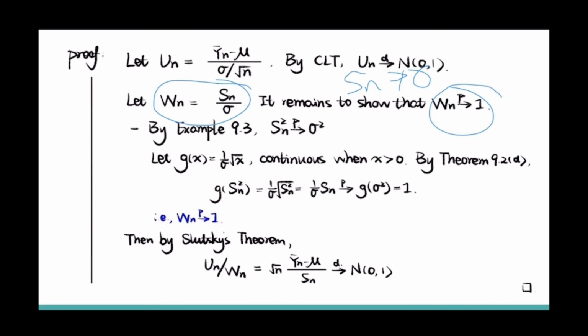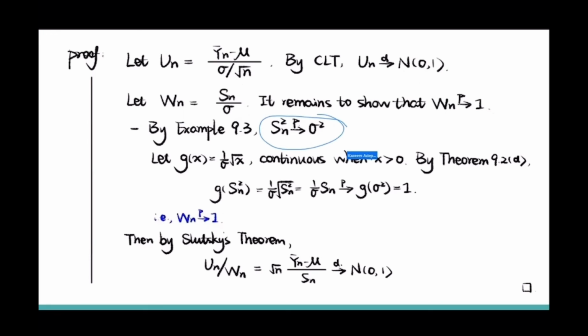That's what I said the other time. We proved that the sample variance converges to the population variance, and we also expect the sample standard deviation to converge to the population standard deviation. In that situation, Wn converges to one in probability.